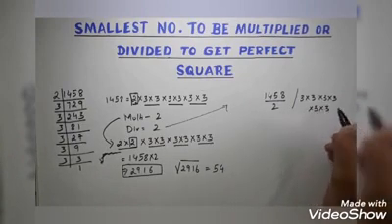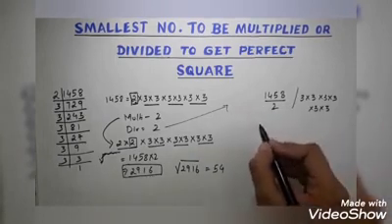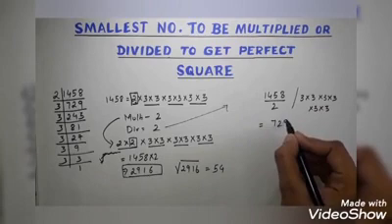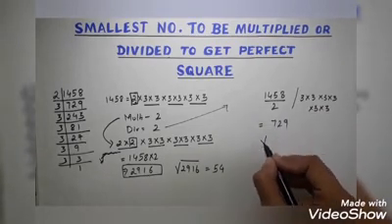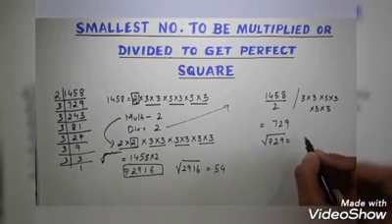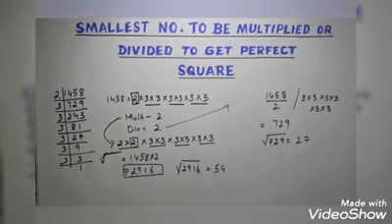So when I do this, I'll get my answer as 729. And we know that 729 is a perfect square, and the square root of 729 is 27.